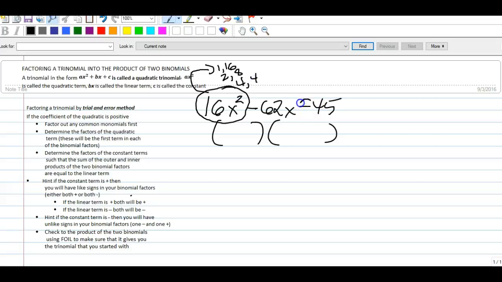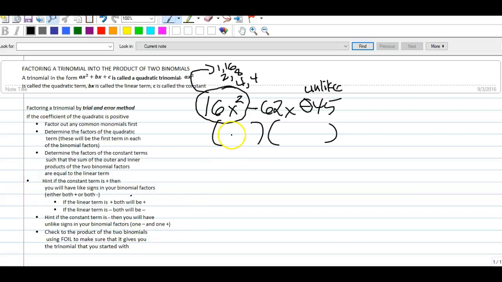Now notice here that the sign that precedes my constant term is minus. So that tells me that I'm going to have unlike signs that separate the two terms in my individual binomial factors. If the sign that precedes the constant term is a minus, then you'll have unlike signs in your two binomial factors.